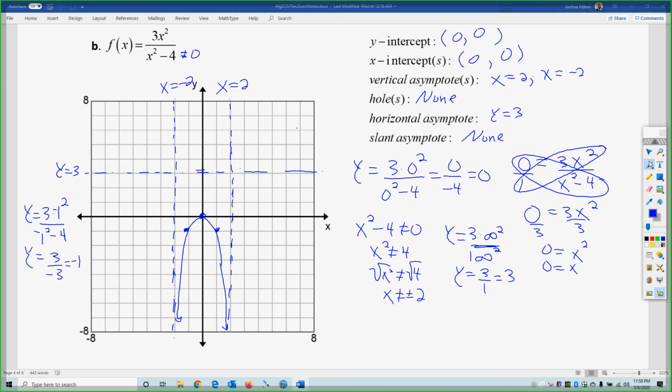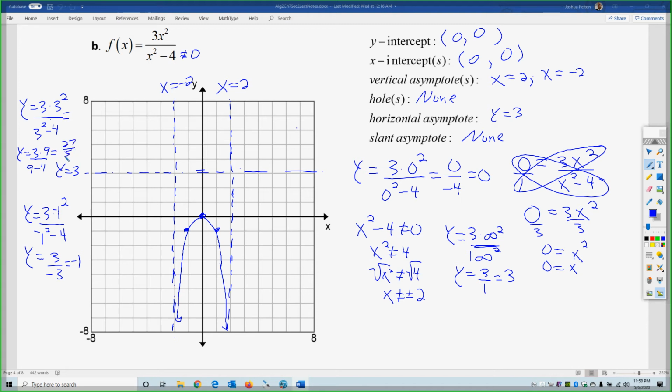So I need to pick something greater than 2 or less than -2. So if I pick greater than 2, well, pick 3. So y equals 3 times 3 squared over 3 squared minus 4. So if I do out the math, that's going to be what? Y equals 3 times 9 over 9 minus 4, which gives us 27 over 5.